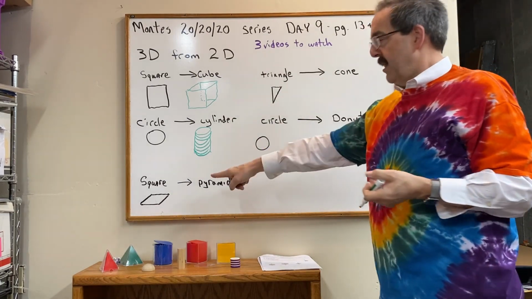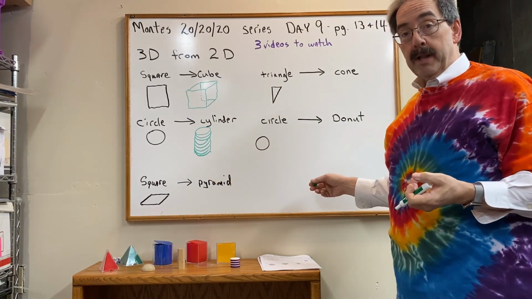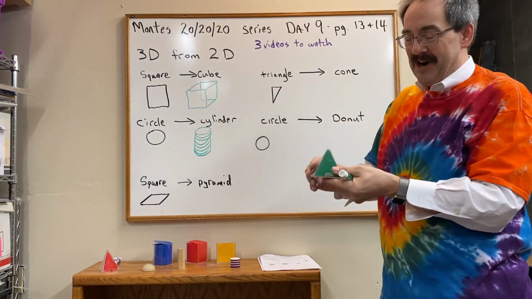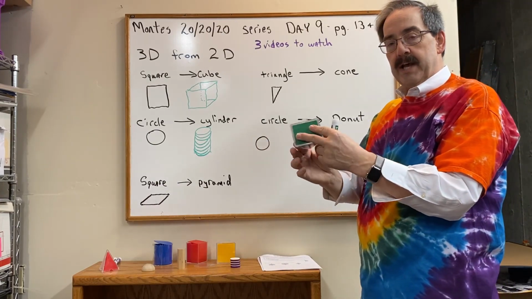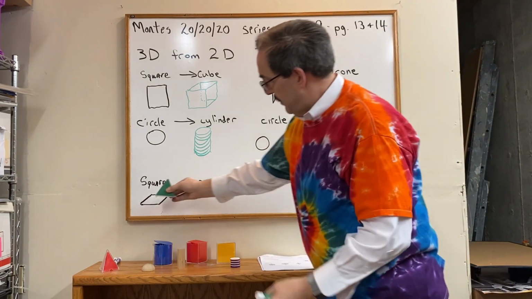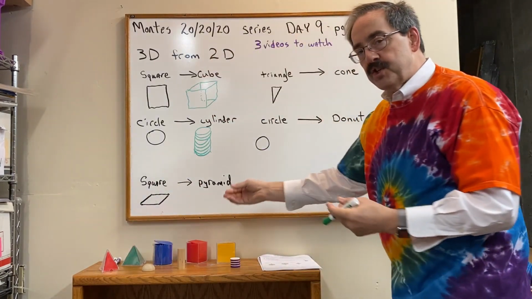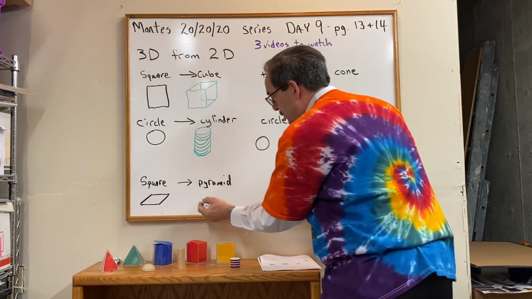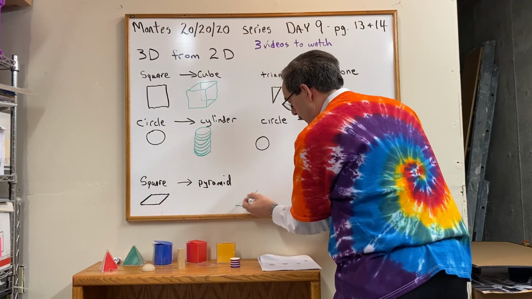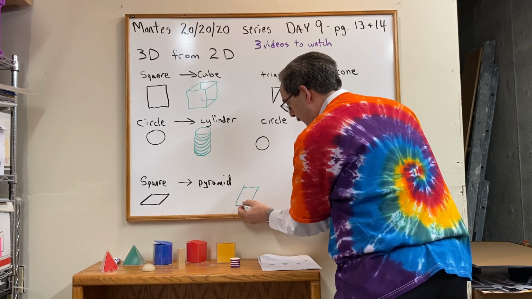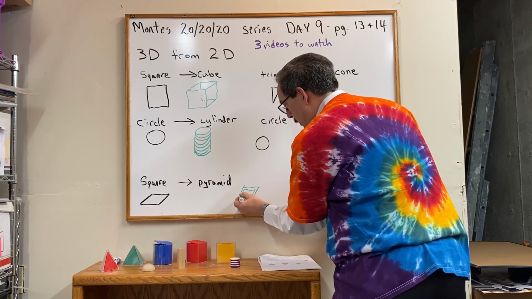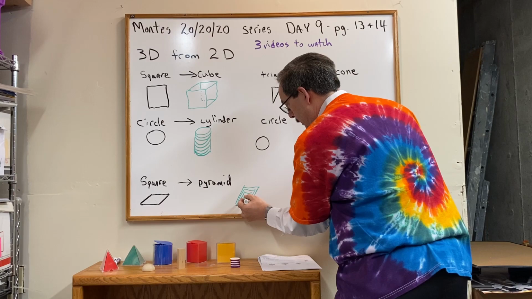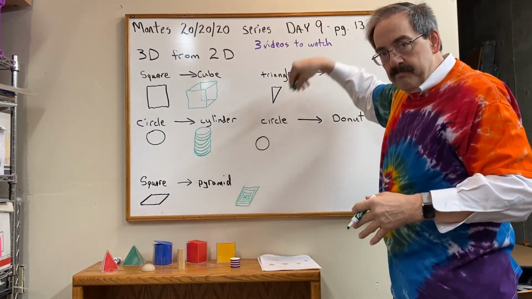How does a square become a pyramid? Pyramids, we really like pyramids in geometry. A 4-sided pyramid would be a square, and each square that you stack on top of it would get smaller and smaller and smaller. Then a smaller one, and a smaller one, and then we pull it up.